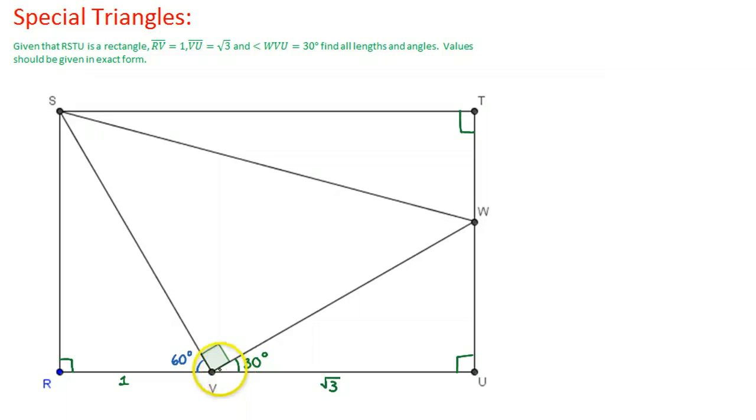And if triangle WVU has angles of 30 degrees and 90 degrees, that means angle UWV is going to be 60 degrees. And now I need to get some lengths. Oh, not quite yet, pardon me. Right there, angle RSV should be 30 degrees. There we go. So now I have to get some length if I want to go any further.